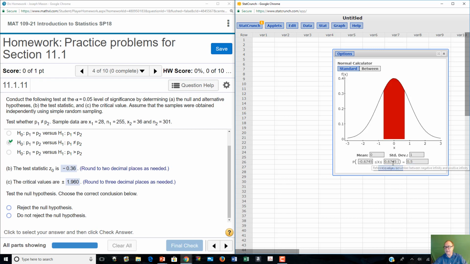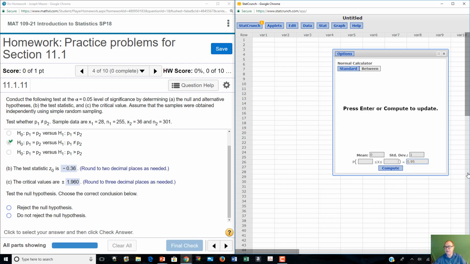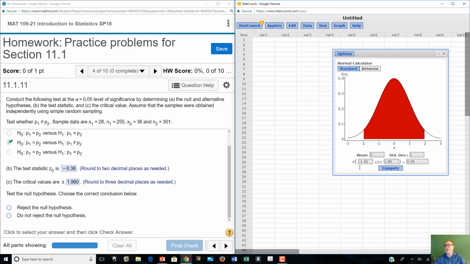Now, that does not give me it, that's the area between. Oh, so the area between, if 5% is on the outside, what's in between? That would be 95%, right? 0.95. There you go. So there's your negative 1.96, positive 1.96. So we could use the between also to get the critical values.